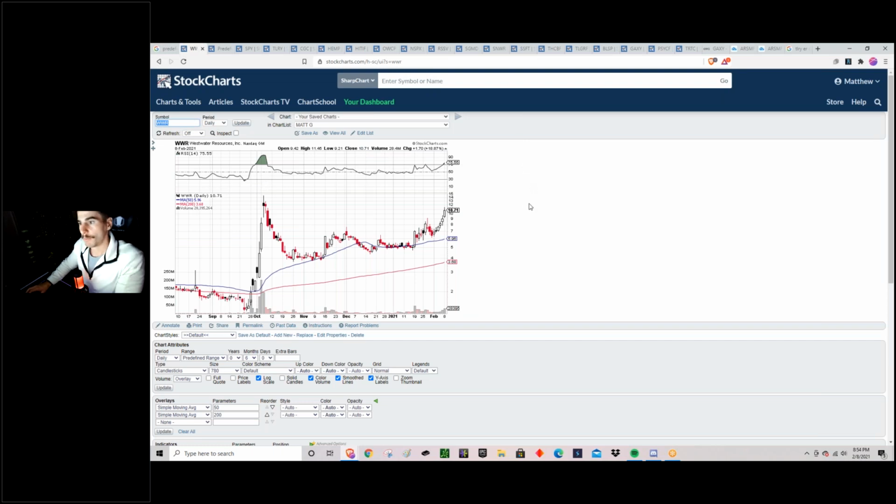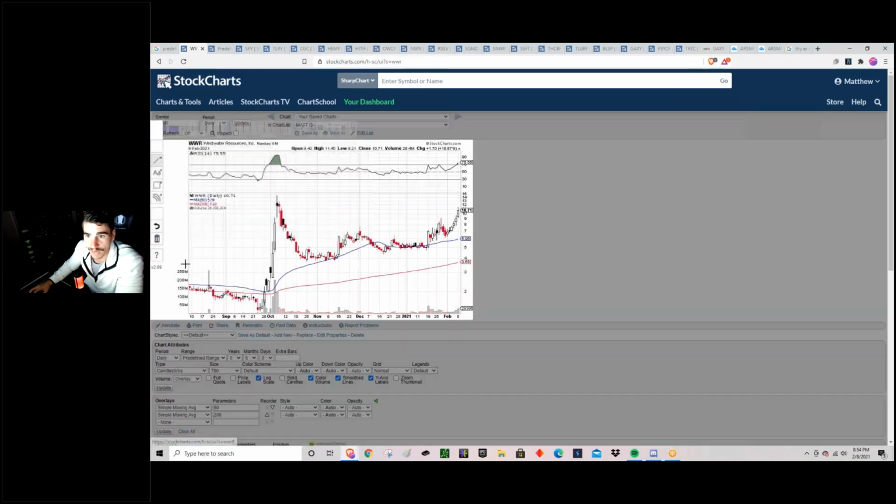WWR, I think, is a phenomenal chart. For anybody that remembers, a couple weeks back I was kind of rough on WWR. I was very vocal that I didn't like the setup, and that I wanted to see exactly what's happened over the last few days. I wanted to see that play out. And now that it has played out, I'm definitely on board, especially with that inflection break right there, from Friday and now today held up.